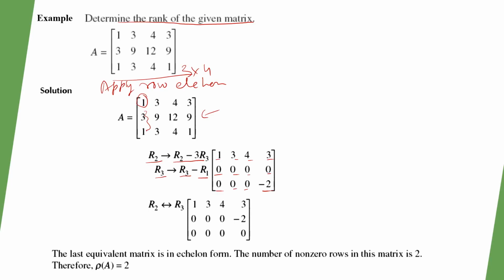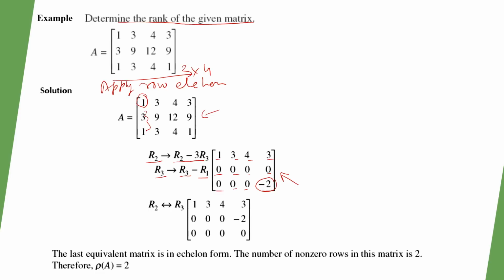Now we check the second non-zero element of the second row. All the elements of that row are 0. Now come to the third row, search the non-zero element. The non-zero element is minus 2, and there is no below entry. Now we check whether this is Echelon form or not, as discussed previously. We know this is not Echelon form right now.